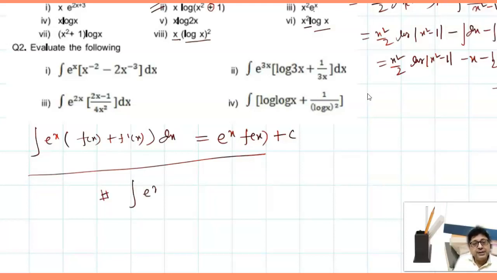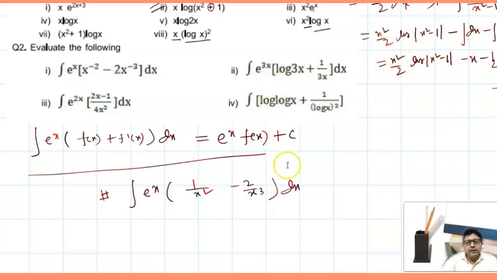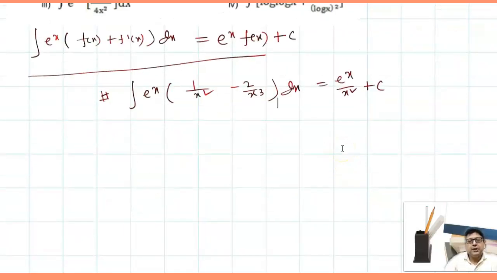It is integral of e to the power x into 1 by x square minus 2 by x cube dx. In your board paper, you don't write the answer is e to the power x by x square plus c straightforward. Because you have used this form, which is given in our textbook, you have every right to use this, but you must show which one is fx and which one is f dash x over there.